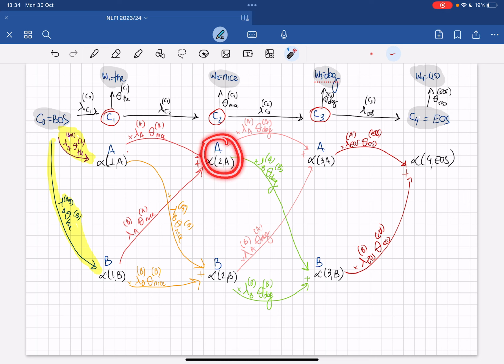So let's try to derive this one here, which is the best sequence that ends in C1, C2A, W2 nice.